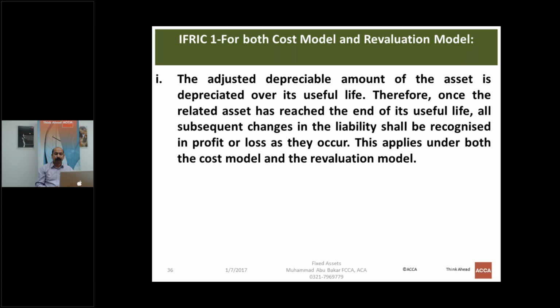This applies under both the cost model and the revaluation model. The periodic unwinding of the discount shall be recognized in profit or loss as finance cost as it occurs. Capitalization under International Accounting Standard 23 is not permitted.